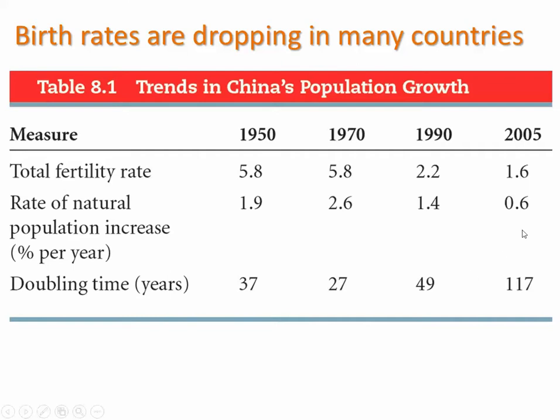And so we can see their natural population increase is only 0.6%. This data is obviously about 10 years old, but we get these bottom numbers here by using the rule of 70. So 70 divided by 0.6 gives you 117 years.